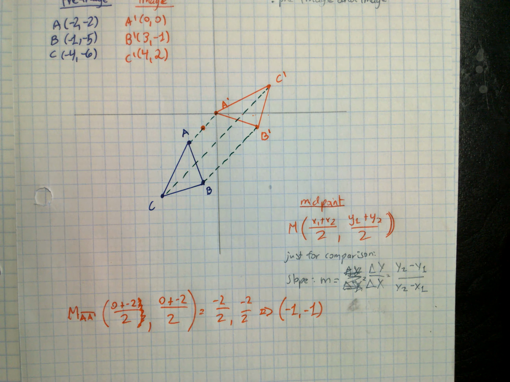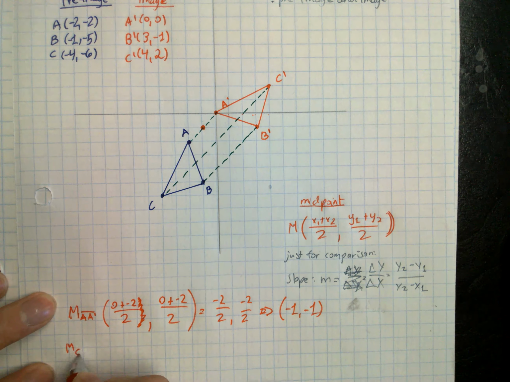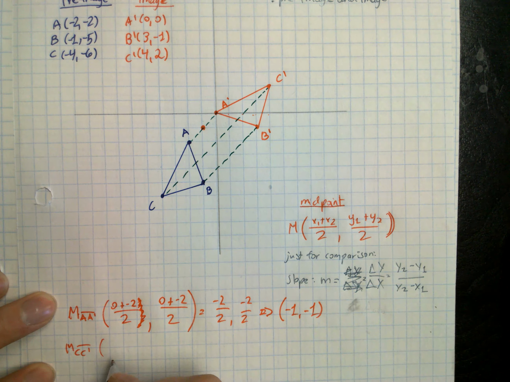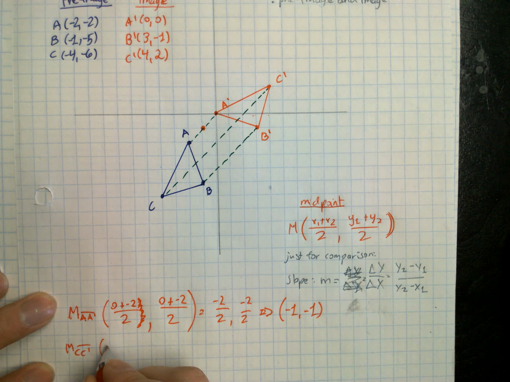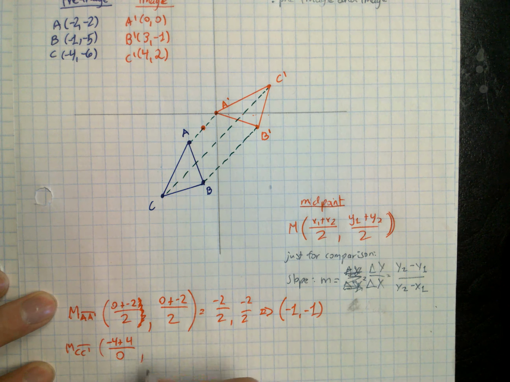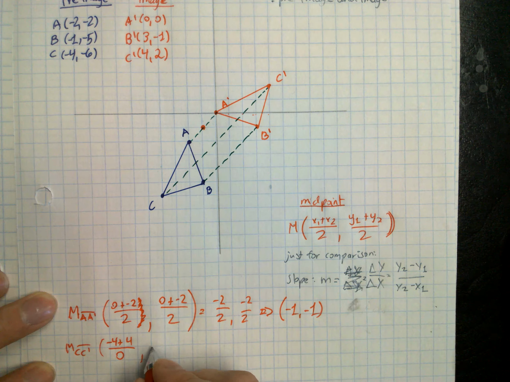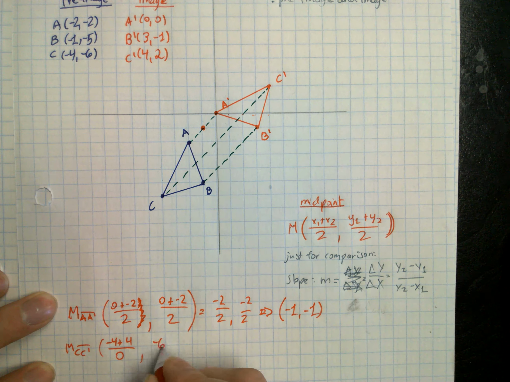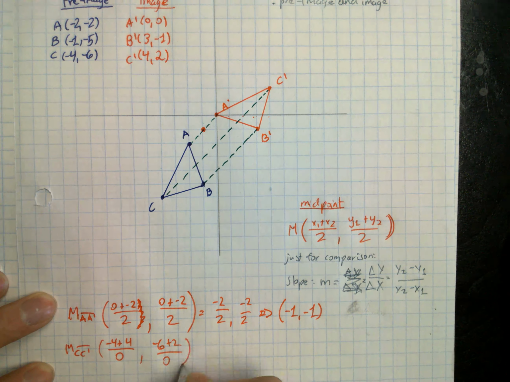And that's how you find the midpoint. You repeat this process for every single one of these going down. Okay? So for the midpoint of C and C prime, you're going to have the x's would be negative 4 plus 4 over 2, comma, and you're going to have negative 6 plus 2 over 2.